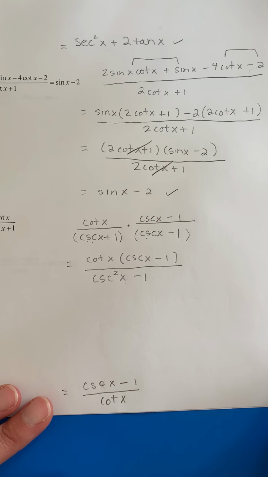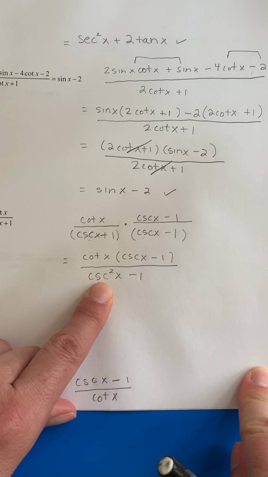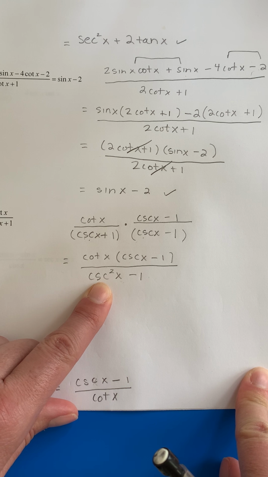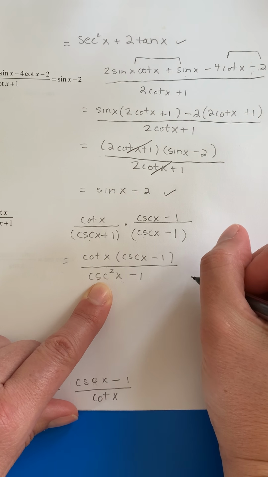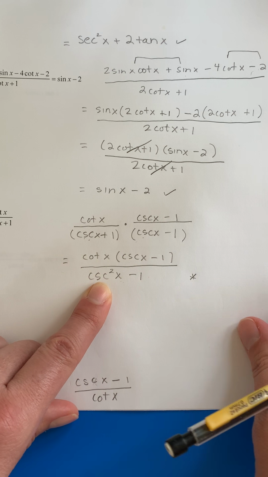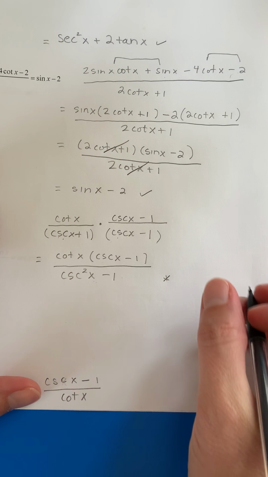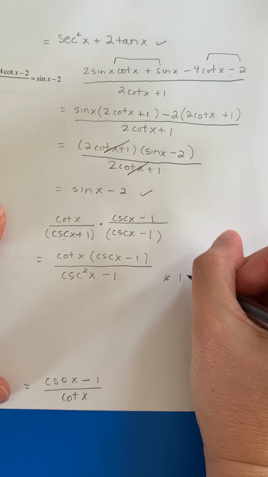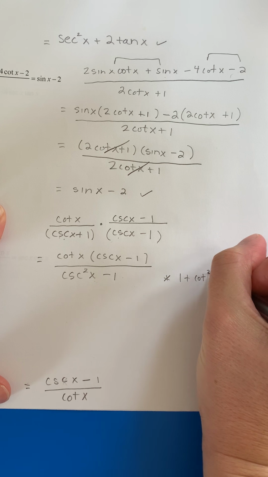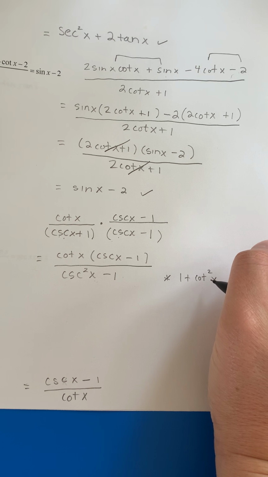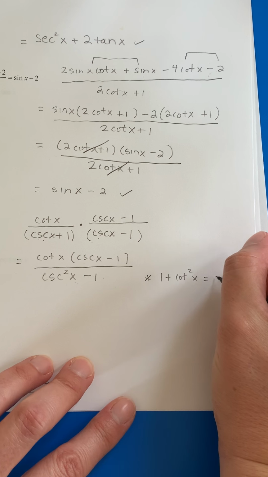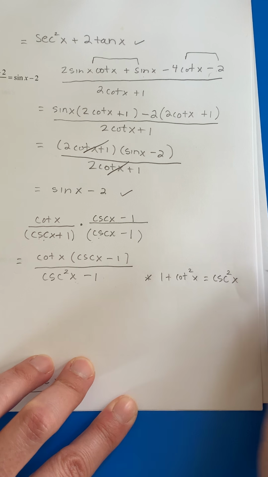Okay, so we really need to be left with a cotangent down here in the denominator in order to be done. So the denominator needs to be changed to something about cotangent, but we have an identity that involves cosecant and cotangent that I'm going to write off to the side here. So we know that 1 plus the cotangent squared of x is equal to the cosecant squared of x.